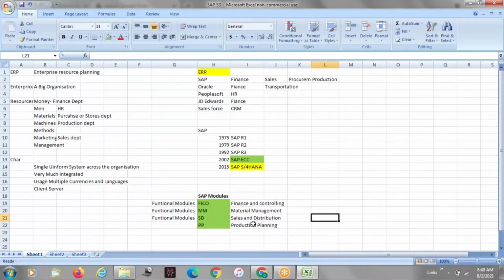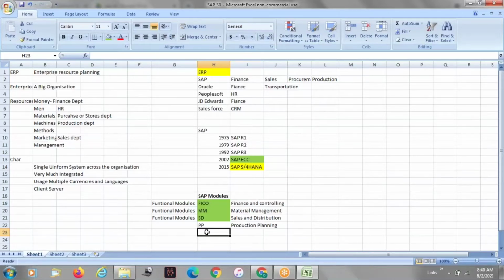Production planning mainly deals with the production part of it. This will come into the picture only if you have production in your company. If you don't have any production at all, you may not need the full PP module. You may need only some part of PP to handle MRP and so on. We'll talk about them.